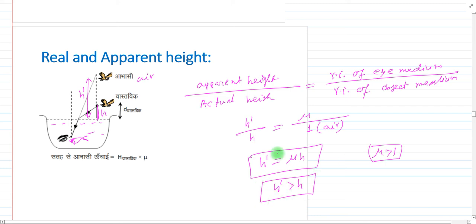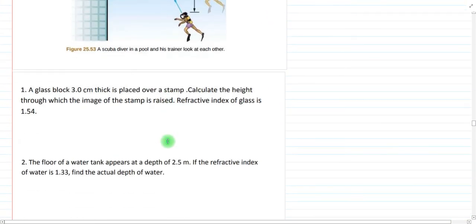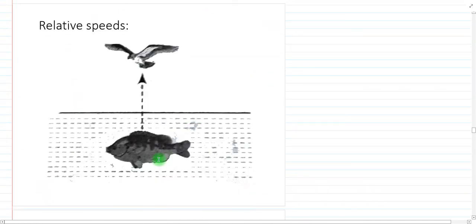So in the case of a pond, the bird will see that the depth of the fish is decreased. The bird will see the position of the fish at this position, and the fish will see the position of the bird at this position. So the fish will see that the bird is far away from it, and the bird will see the fish is nearer to it.